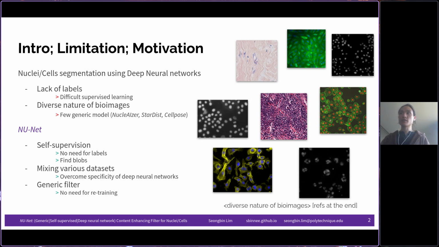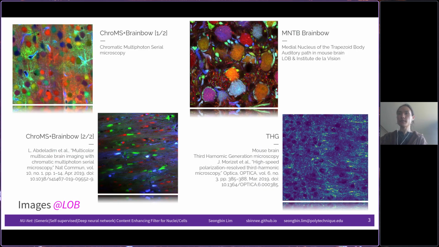Once you have a new image, you can apply NewNet with confidence without retraining your model. But still, because it's a filter, you may need other tools to actually do the segmentation. So just note that.